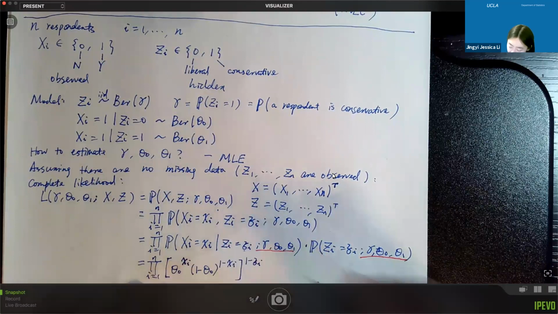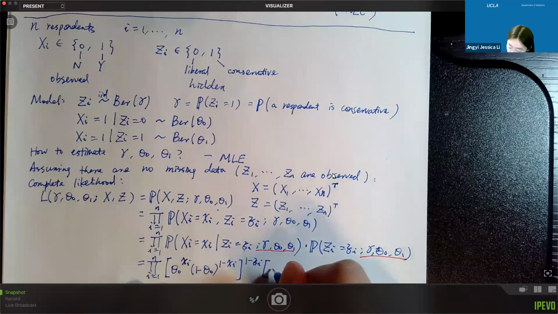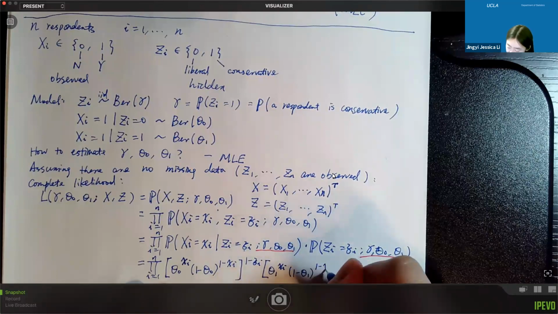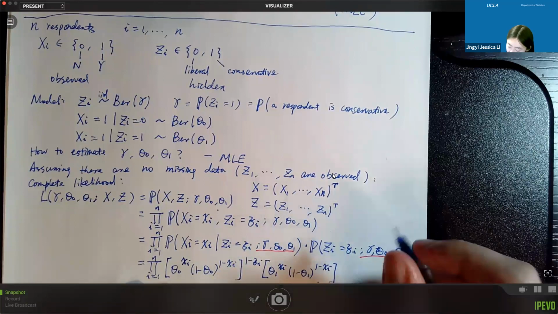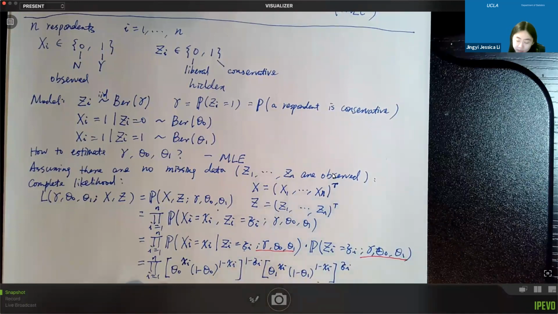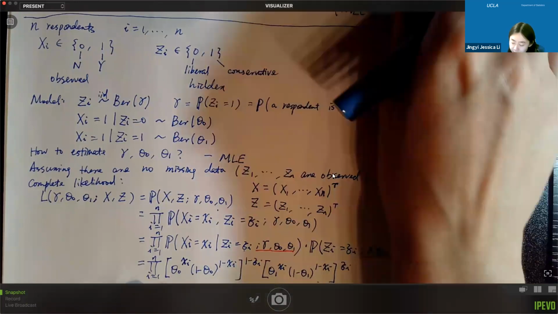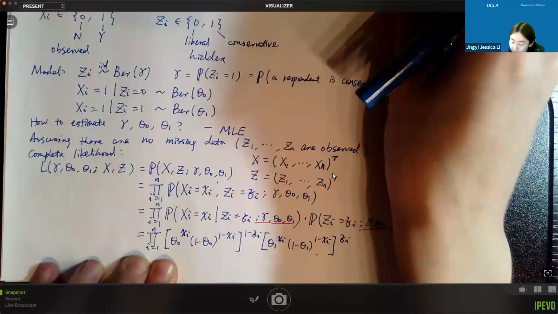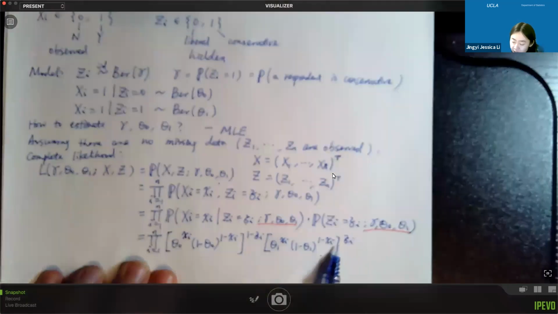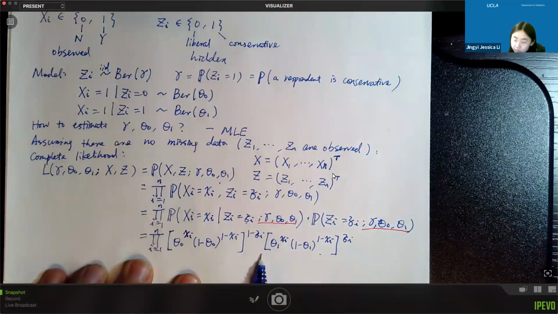And then theta 1 to the power xi times 1 minus theta 1 to the power 1 minus xi, together to the power zi. You see, by putting them together, I just implement what I said. When zi equals 1 and xi equals 1, I get theta 1. When zi equals 1 and xi equals 0, I get 1 minus theta 1.